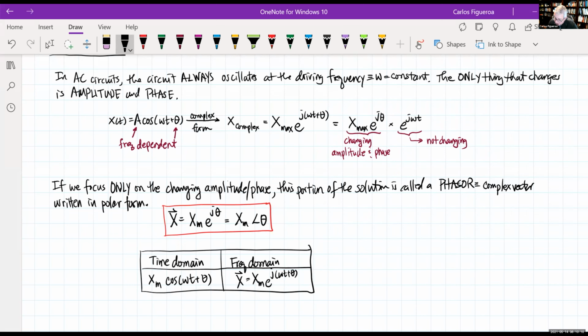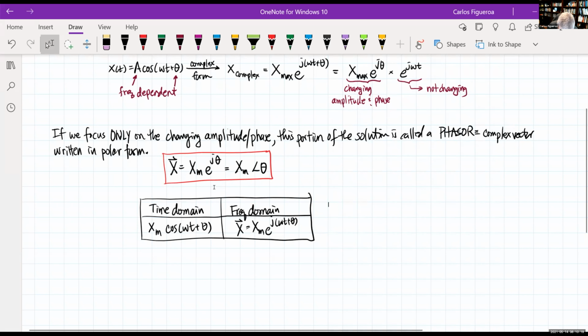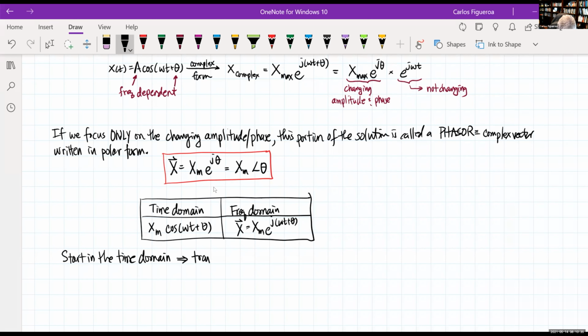So what I do then is I do the following thing. If I use Euler's relationship, what we do here is we start in the time domain, and then we do a transformation, or a mapping if you want, into the complex plane.